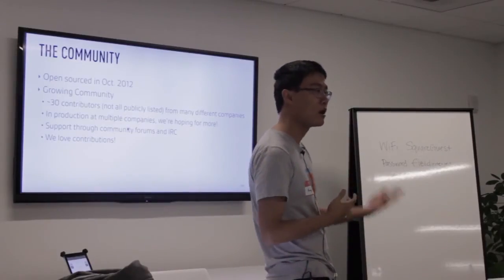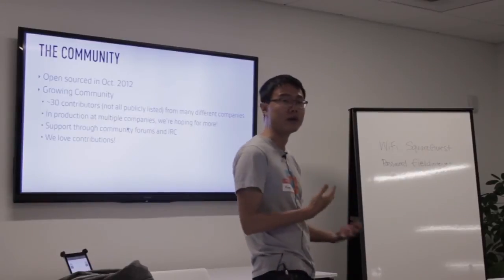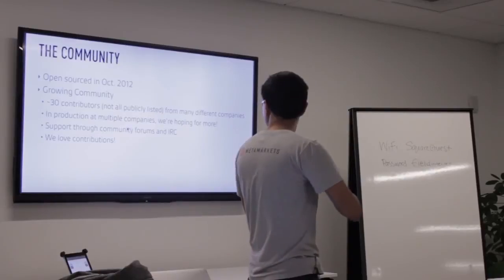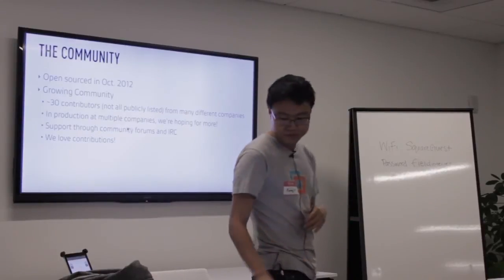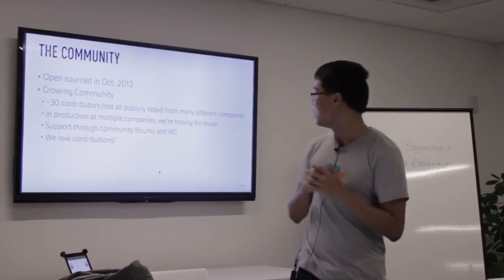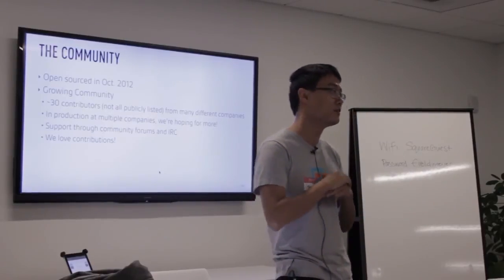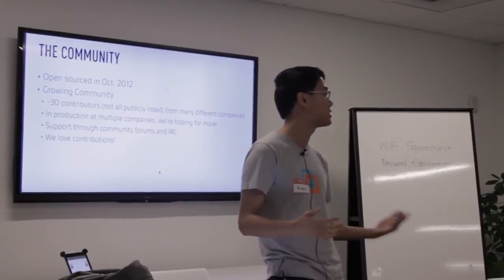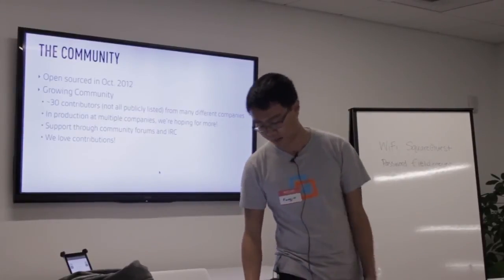There's more information on our website, but it's always our hope to get more people interested in Druid and more people into production. Our support right now is mainly through the community forums and IRC. And we really love contributions, whether through docs, answering questions, or code itself. That makes us super happy.